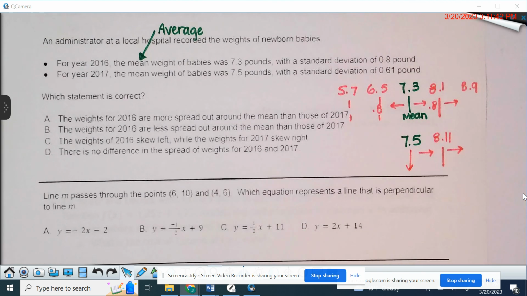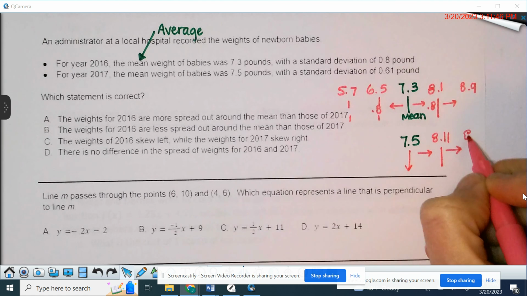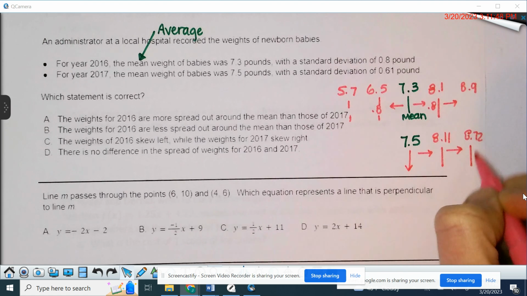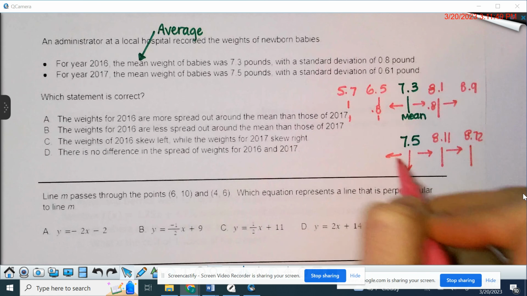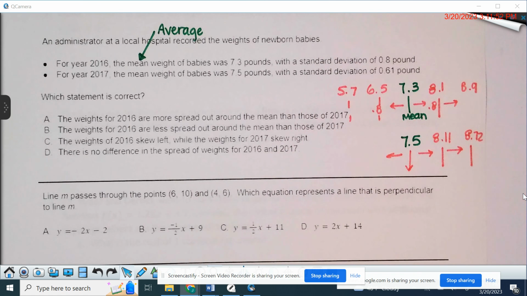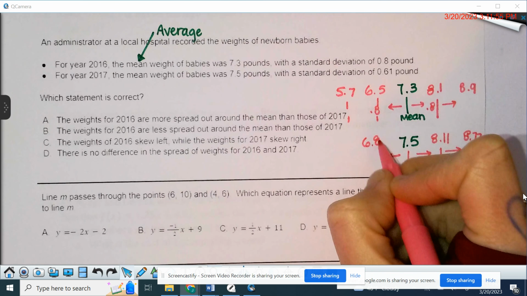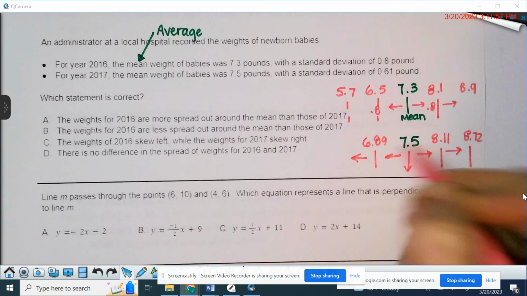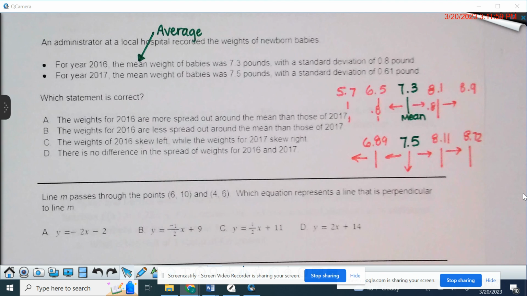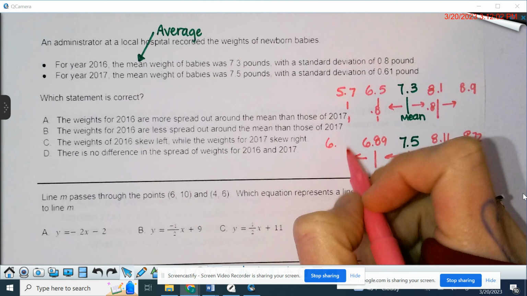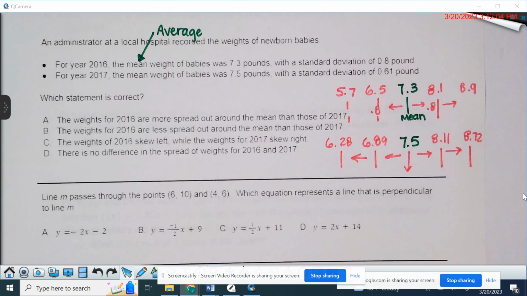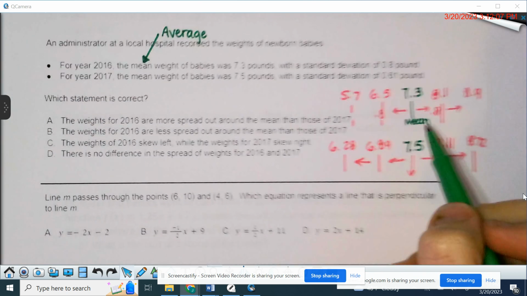Then add 0.61 again, 8.72. Then we go the other way, 7.5 minus 0.61 is 6.89. Go one more, and 6.28.